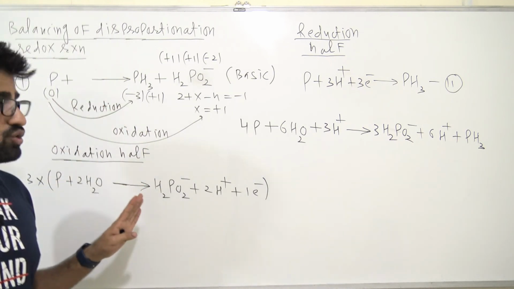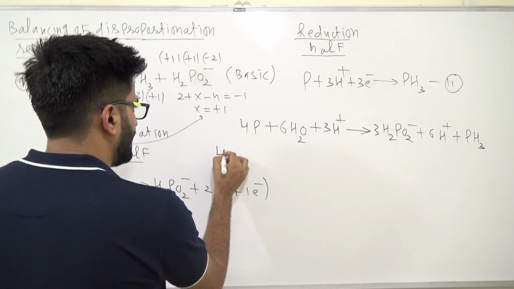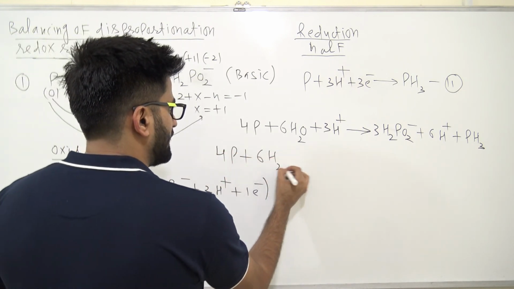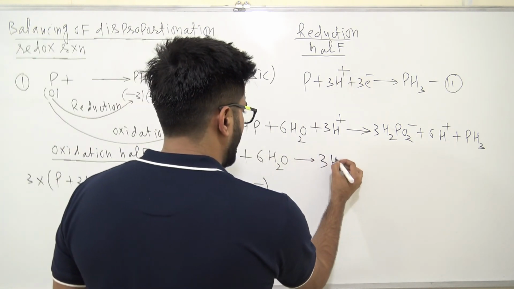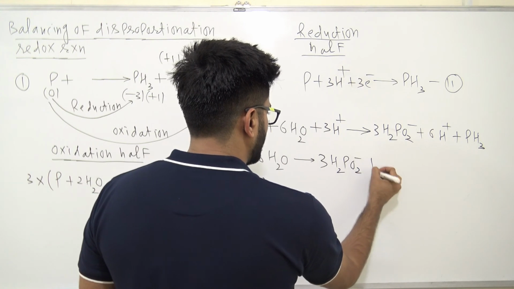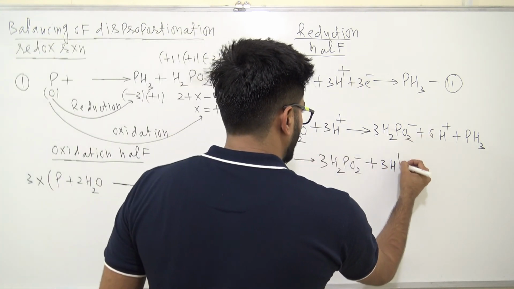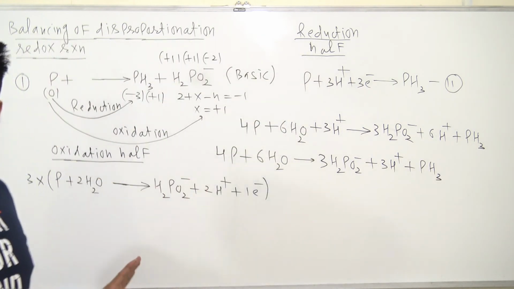Okay guys, understood? Now let's rearrange it a little bit. We have written 4P plus 6H2O gives us 3H2PO2 minus. Now guys, this is 3H plus, this is 6H plus, so that would be 3H plus and phosphine. Understood? So this is the balancing.